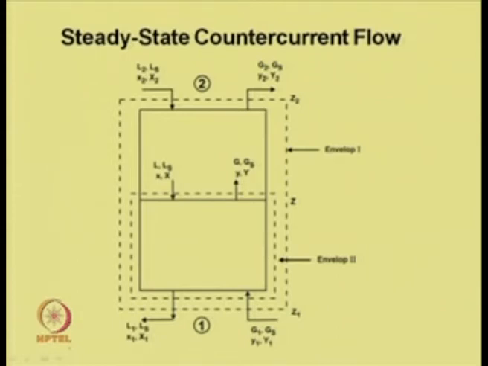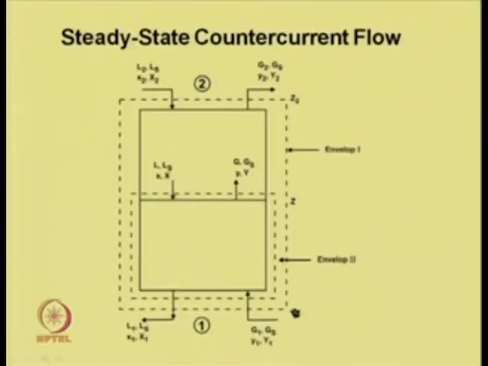In a steady state counter current flow, consider there are gas and liquid phases in contact. The gas, being a lighter component compared to the liquid phase, flows from bottom to top and the liquid flows from top to bottom.